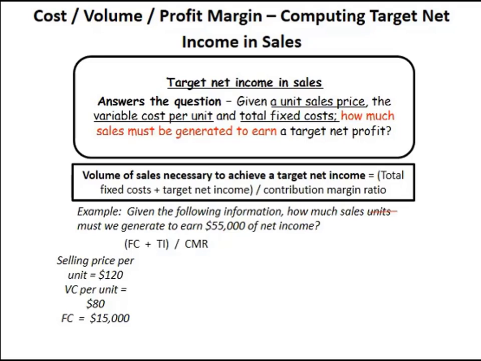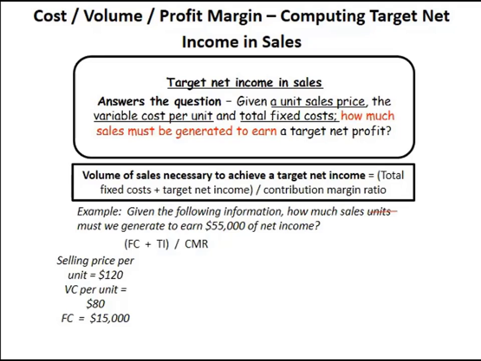So target net income in sales answers the question: if we're given a unit sales price and if we know the variable cost per unit and our total fixed cost, we can then determine how much sales must be generated, and those are sales dollars. How many sales dollars must be generated to earn a target net profit?